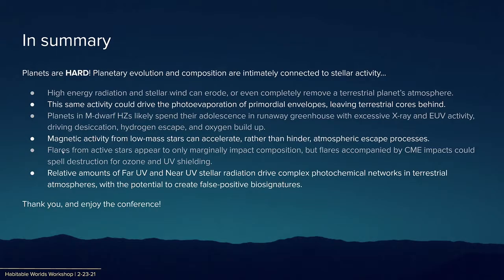We also looked at how flares from active stars appear to only marginally impact composition, but flares accompanied with coronal mass ejections and particle events could spell destruction for ozone in the atmosphere and any chance for UV shielding of the surface. And lastly, we went over how relative amounts of far and near UV solar radiation drive complex photochemical networks in terrestrial atmospheres with the potential to create false positive biosignatures.